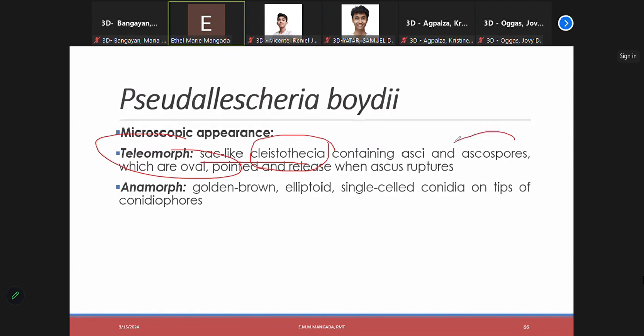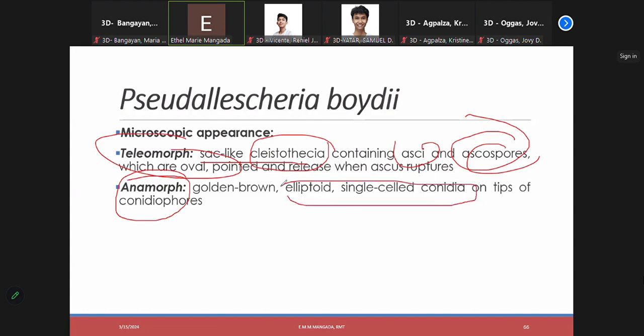It has ascospores, the ascus that contains your ascospores. And the anamorph, Scedosporium apiospermum, appears elliptoid with single-celled conidia at the tip of the conidiophore. So that's your Pseudallescheria boydii. Remember, when we're talking about cleistothecia, that is Pseudallescheria.